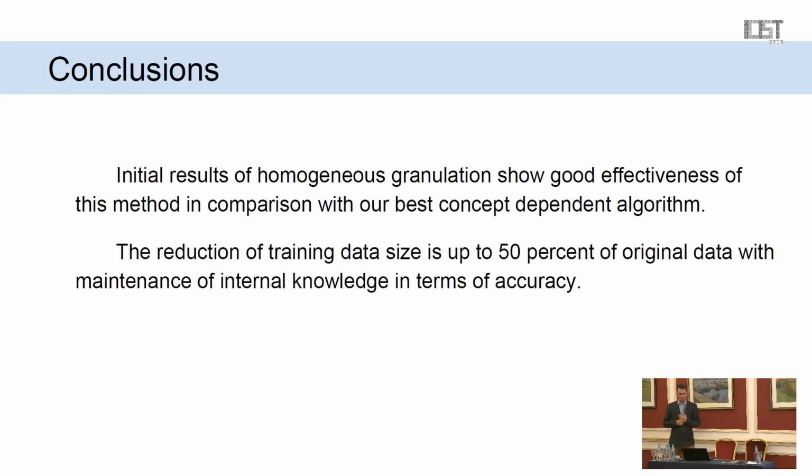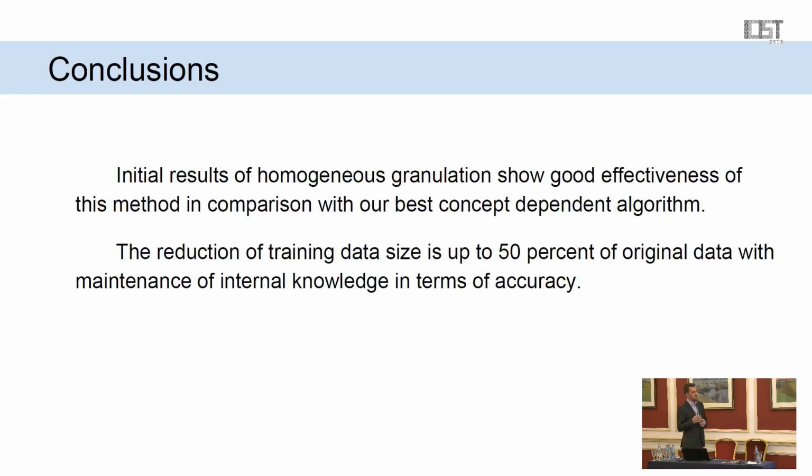So, as a conclusion, our idea was to simplify the process of granulation, and we did it by performing the granulation only once, not for each set of attributes. And if it comes to data size reduction, it's almost comparable to concept-dependent granulation.